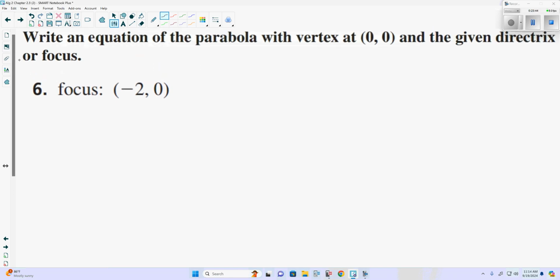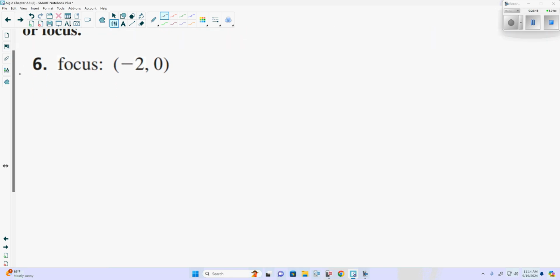So they told us the vertex is 0, 0. Focus, negative 2, 0. Well, the one that changed was the focus. So really we're looking at h plus p, comma, k, which is our x equals equation. A times y minus k squared plus h.